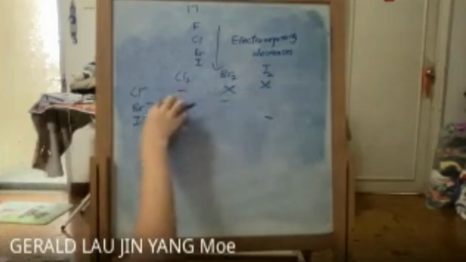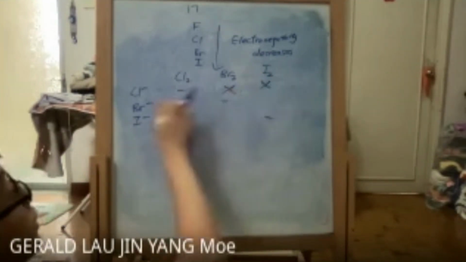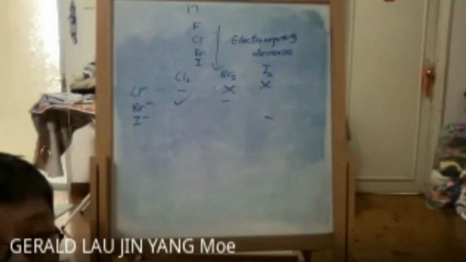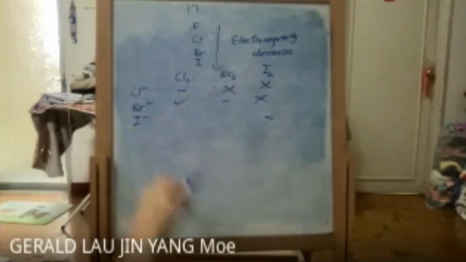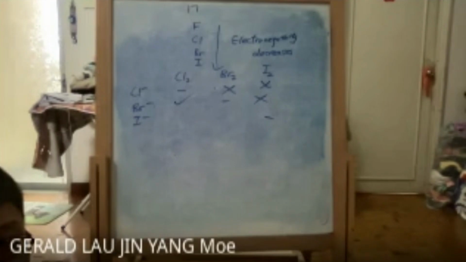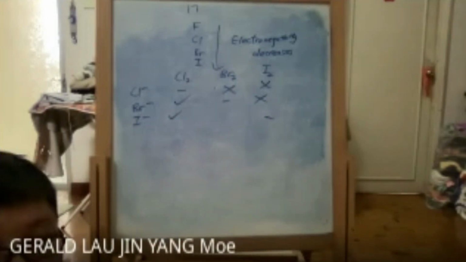Chlorine displace bromide? Yes. Iodine displaces bromide? No. Chlorine displaces iodide? Yes. Bromine displaces iodide?